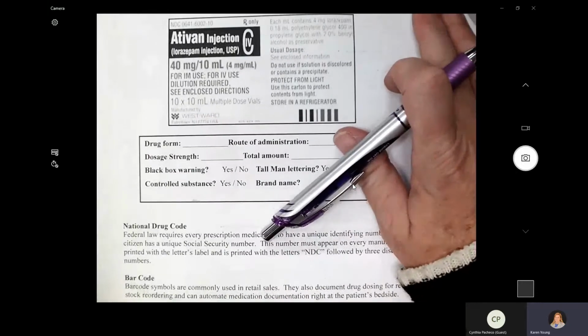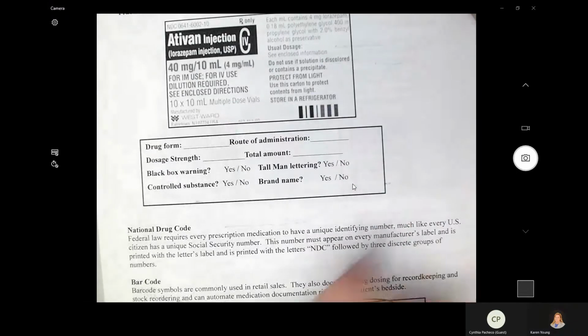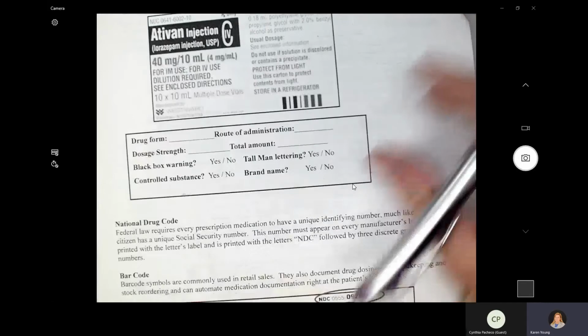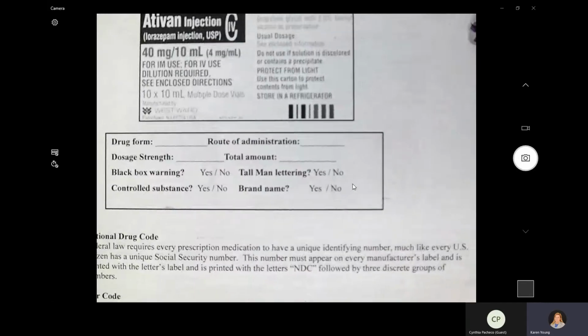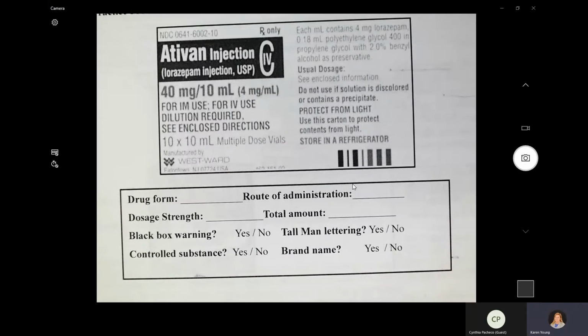So let's look at our morphine. This isn't morphine. This is Ativan. So what is our dosage form in this one, in the Ativan? I need to zoom it in. Can you tell what our dosage form is?